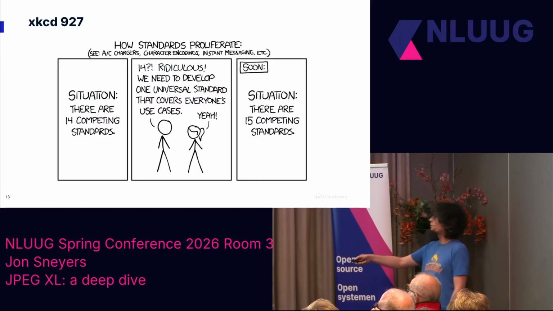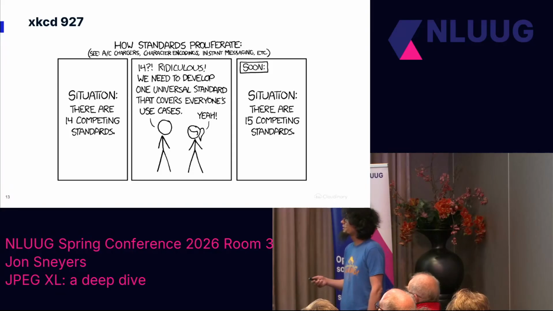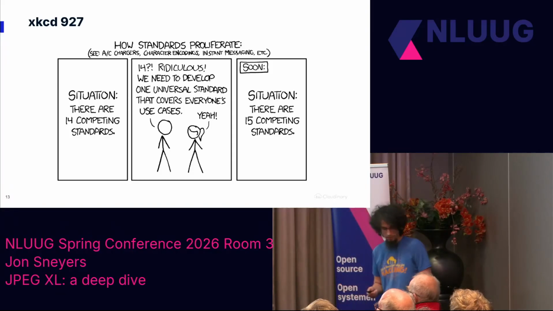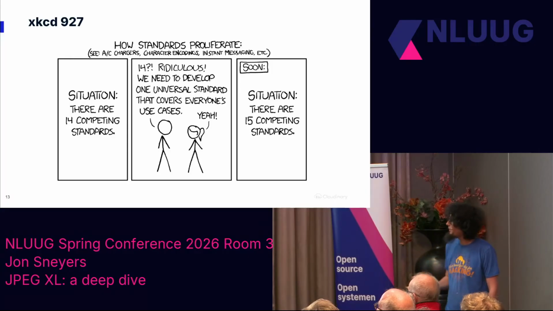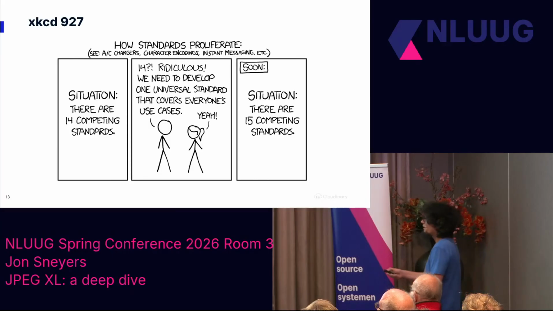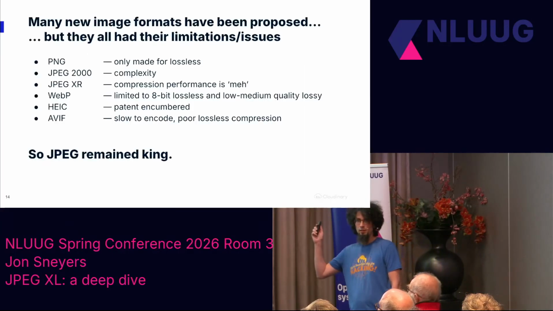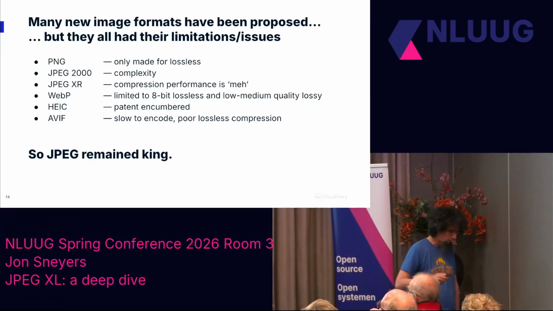Okay, so this is an XKCD comic that I've seen very often, and it also applies to image formats. In fact, a lot of JPEG killers have been proposed in the past.